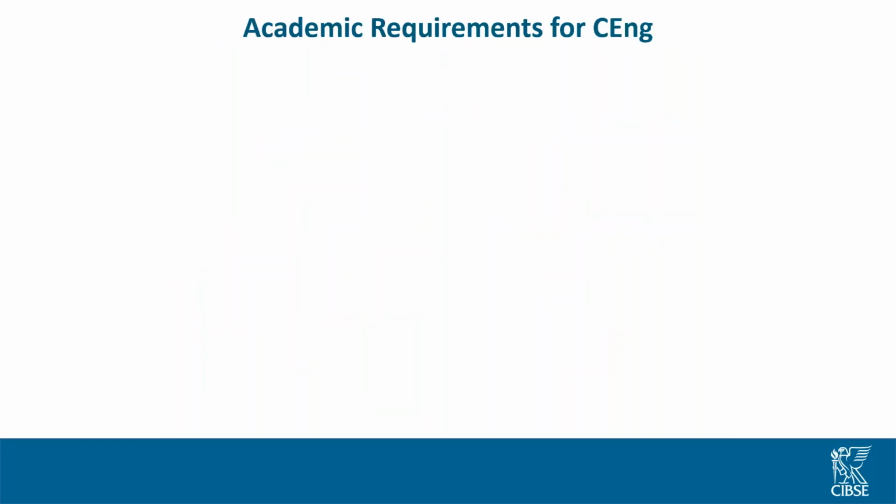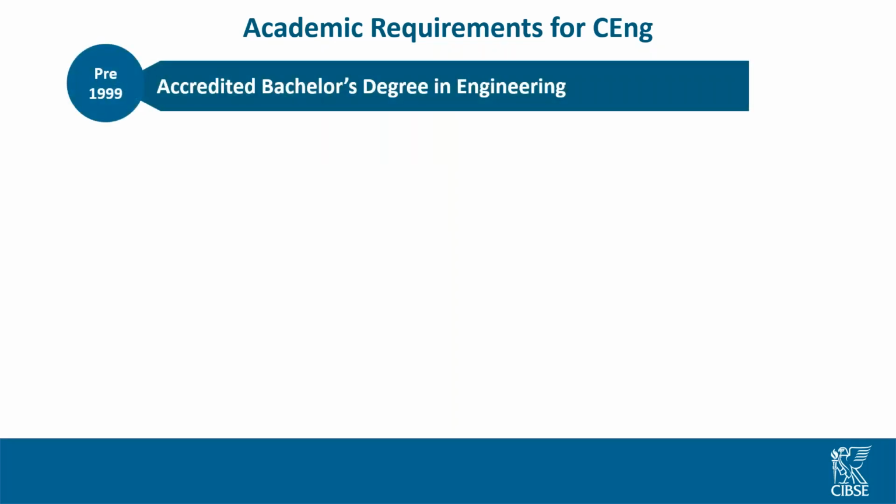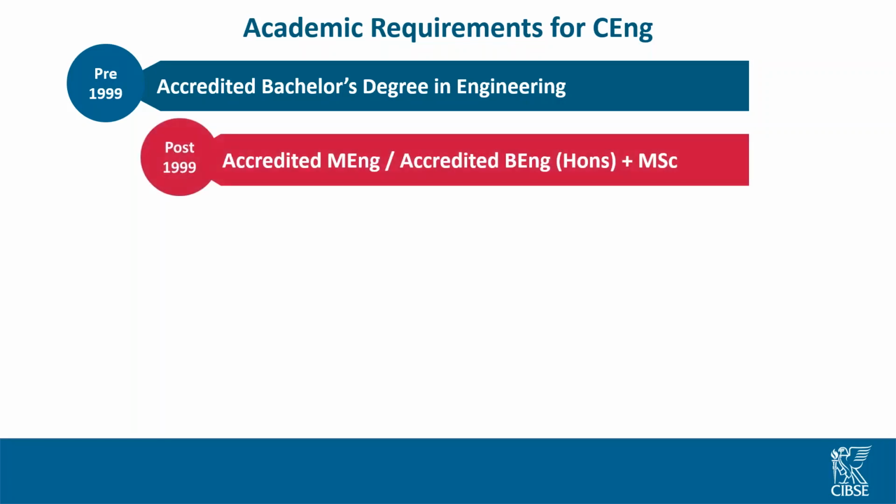Going on to the academic requirements for CEng now. If you have a qualification that you obtained before 1999, that would need to be an accredited bachelor's in engineering to be able to apply for FCIBSE CEng via the standard route. If your degree is after 1999, you would need either an accredited MEng or an accredited BEng Hons with a master's.